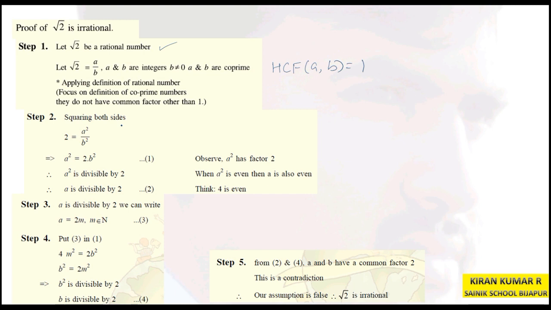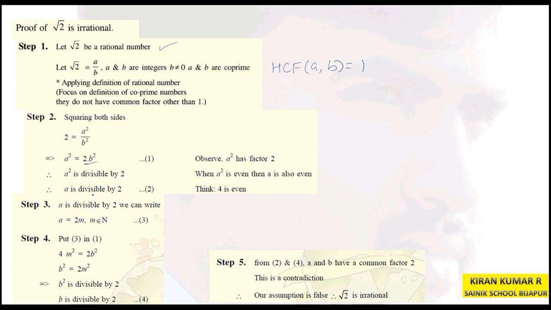If we square both sides of the expression root 2 equal to a by b, we get 2 equal to a square by b square, which implies a square equal to 2 times b square. Let us name this equation 1. a square is divisible by 2 because it is written as 2 times b square.